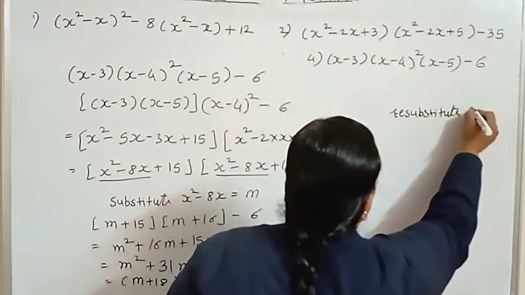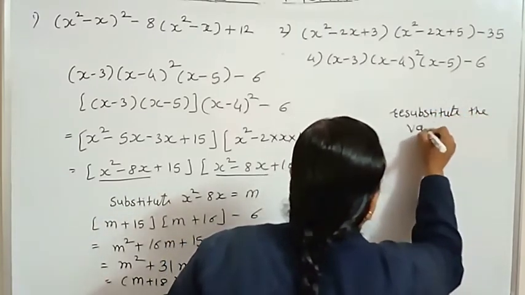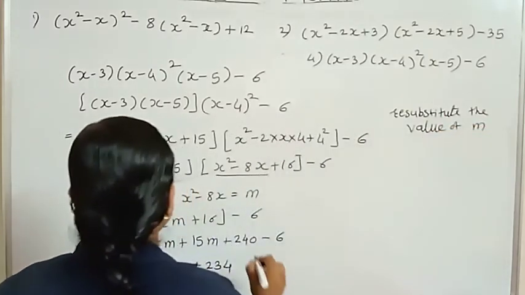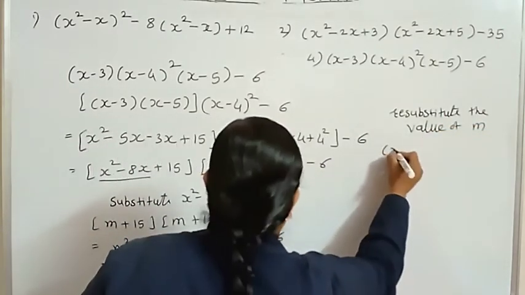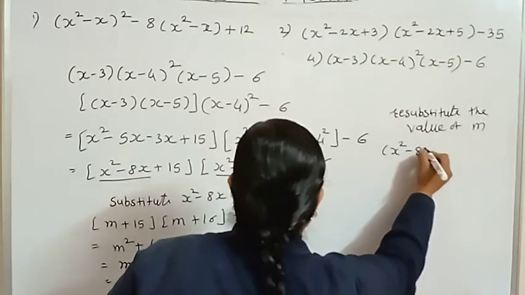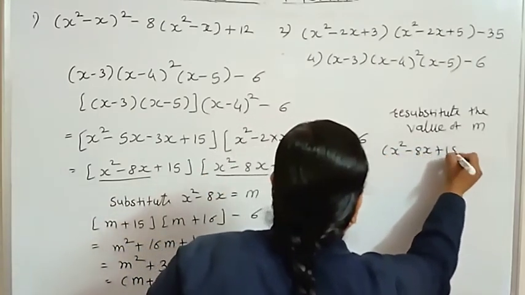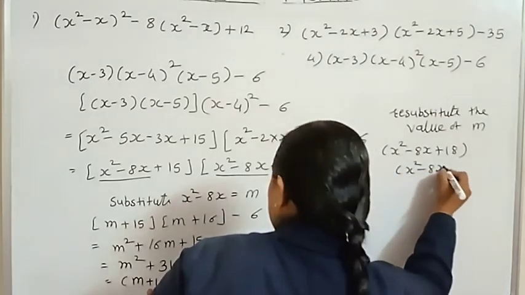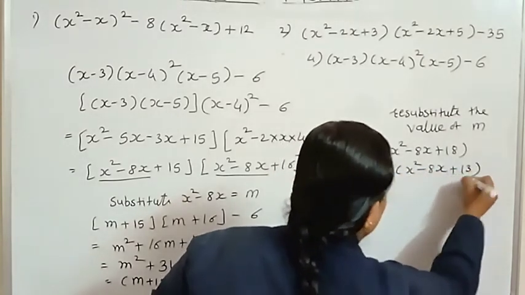Resubstitute the value of m. Now see, what is the value of m? x square minus 8x plus 18, and second bracket will be x square minus 8x plus 13.